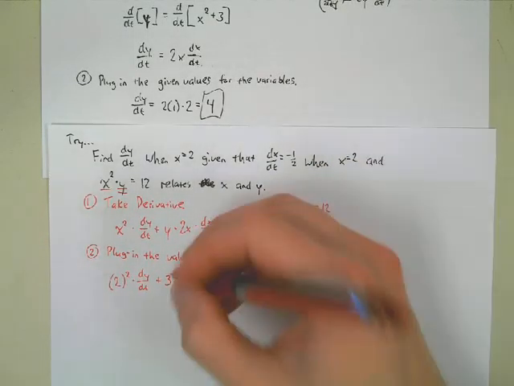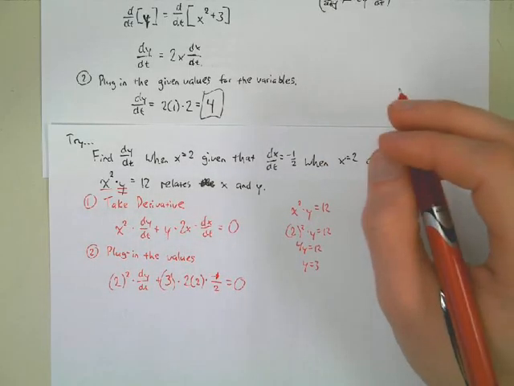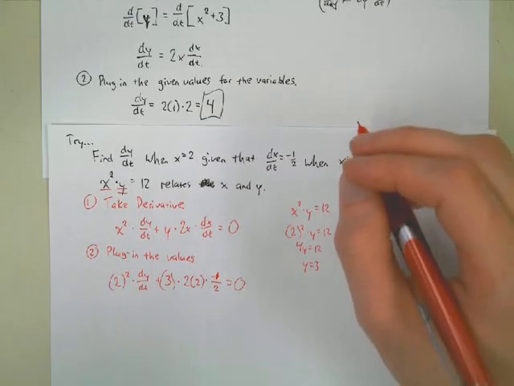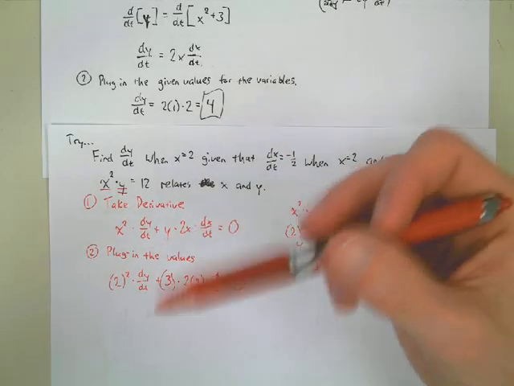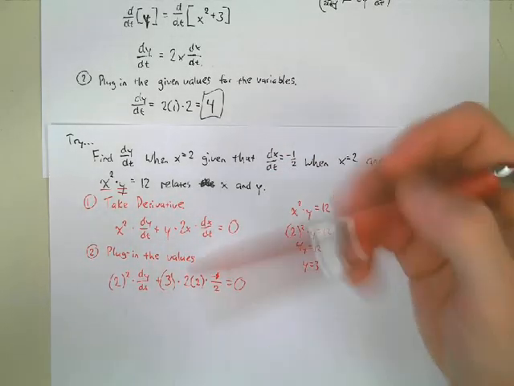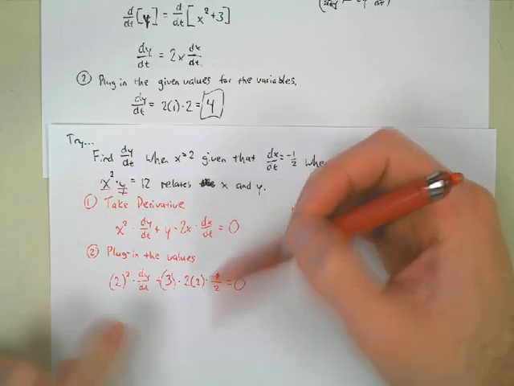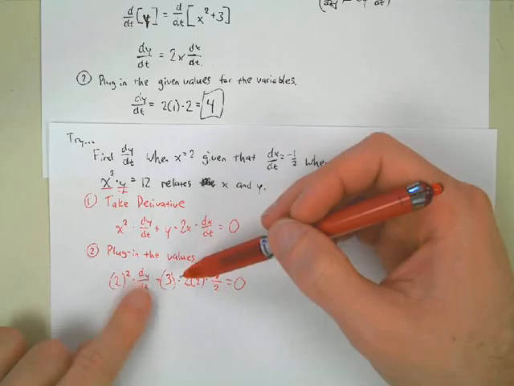Another thing I'm trying to point out here is that sometimes in these related rate problems, we'll have some secondary work we have to do to be able to fill in all of our parts. But now that we've got the derivative taken successfully, we've plugged in for every other value except for dy dt, now we can finally simplify this.